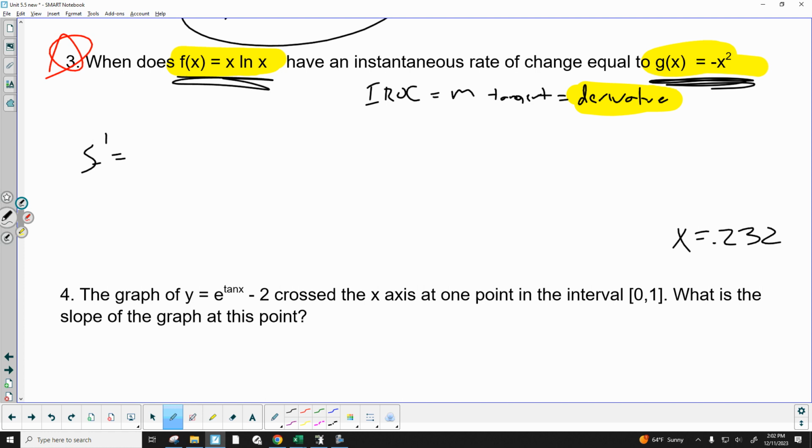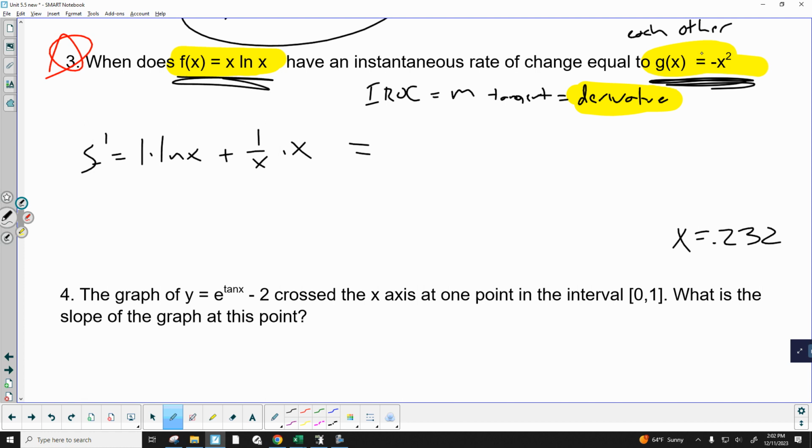It's worded a little bit weird, I can see that. But I kind of mean equal to each other. You might think, when does F have a tangent slope equal to G?